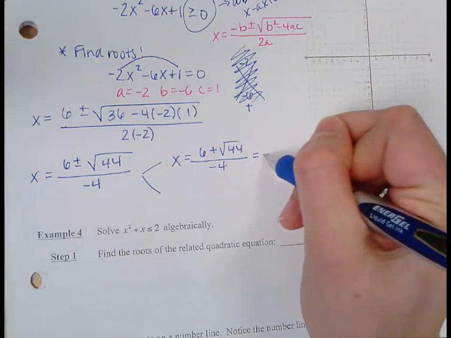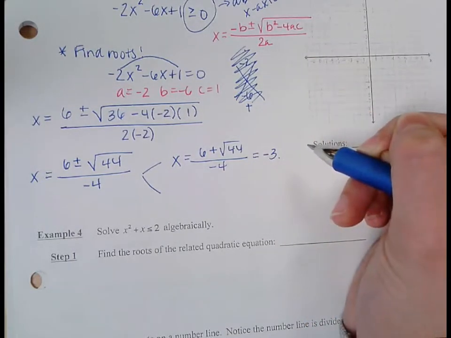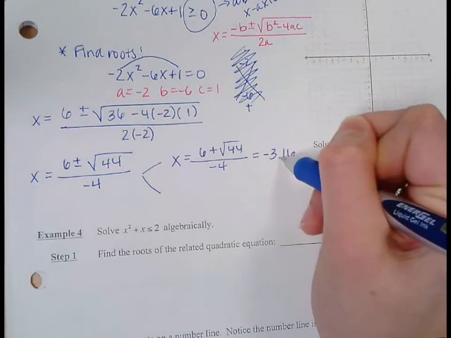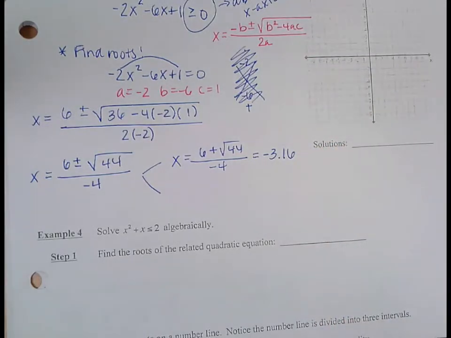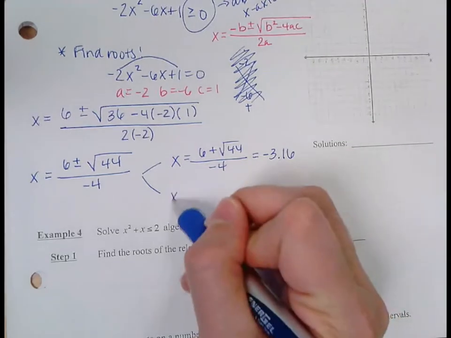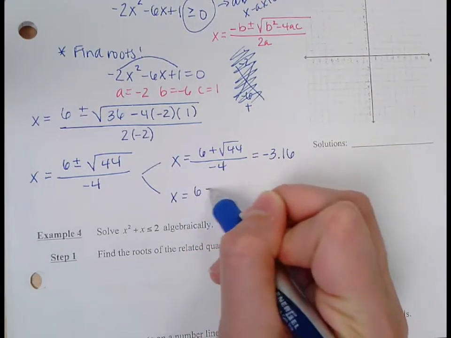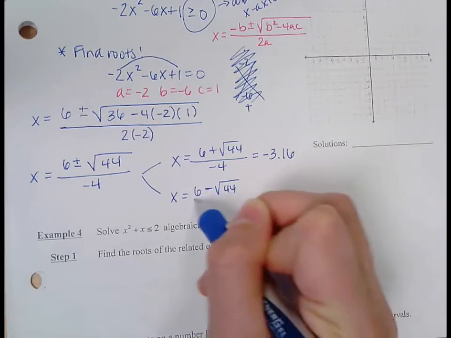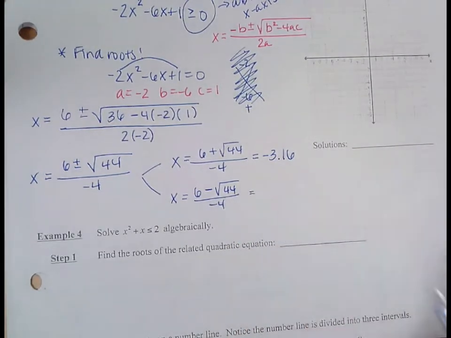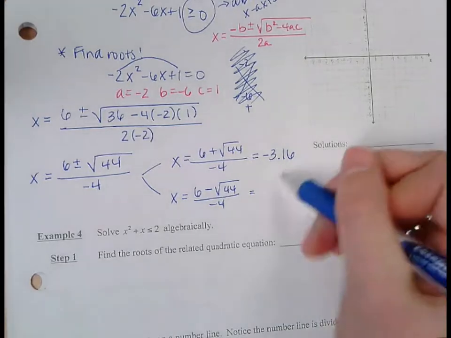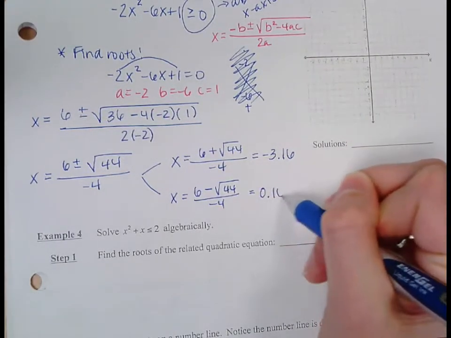So that's approximately negative 3.16 if I round it to 2 decimal places. And then the other would be 6 minus the square root of 44 divided by negative 4. And again, evaluate the top of the fraction before you divide by negative 4, and that would be a positive 0.16.